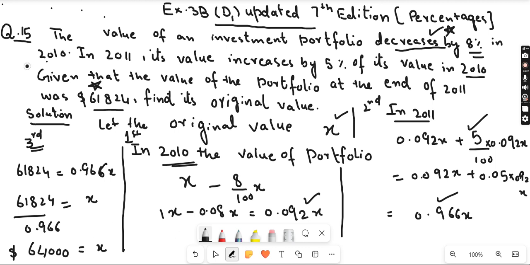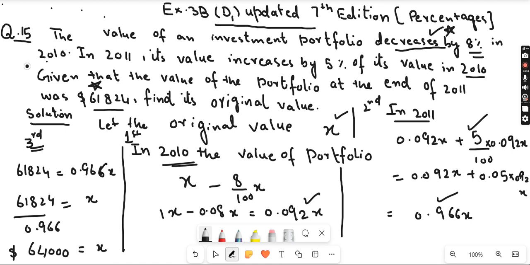So I'm going to revise this question number 15. The value of an investment portfolio decreases by 8% in 2010. In 2011, its value increases by 5% of its value in 2010. So given that at the end of 2011 it is 61,824 rupees, find its original value.